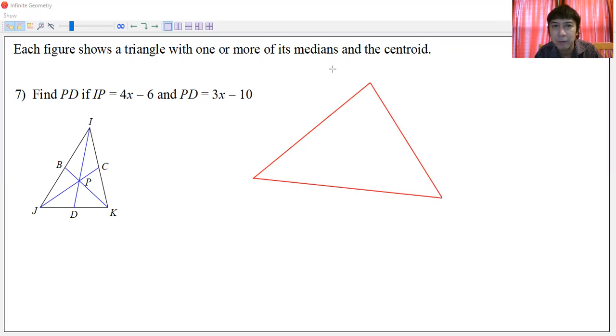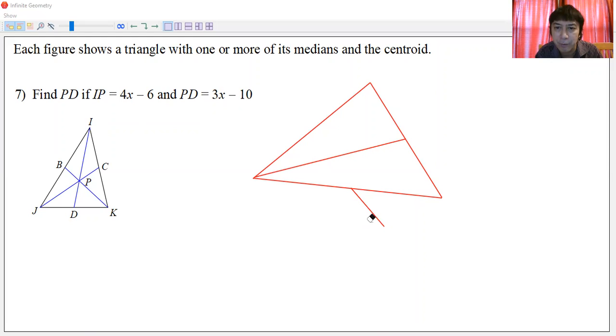And then let's have the medians, starting from the midpoint of this segment and then going to that vertex, and then from the midpoint of this side going to the other vertex.